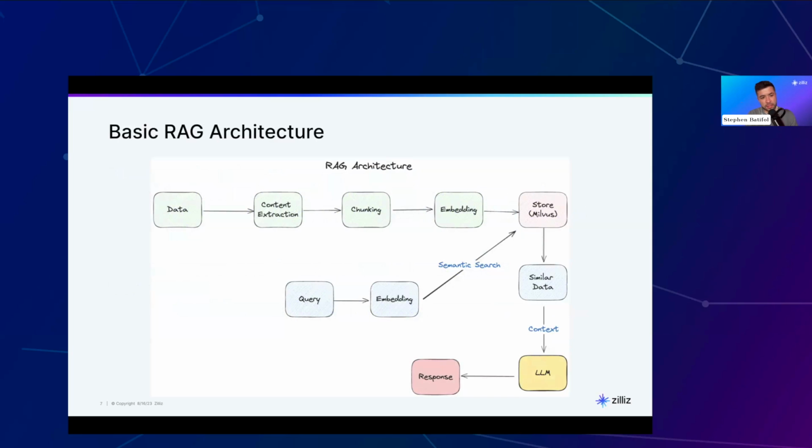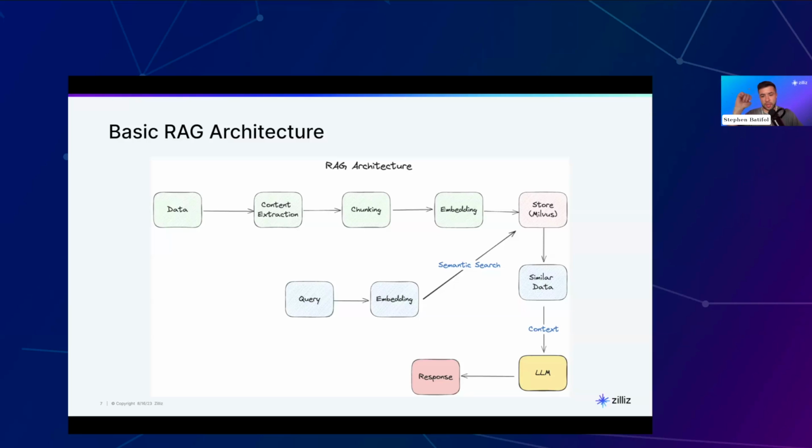This is a basic RAG architecture, I would say. You always have your data. That's how you start. Then you extract the content from your data. If you have some PDFs, you try to extract the content. Same if you have some videos, same if you have different things. Then you chunk your data and put that into an embedding model. I will explain those later on different slides, so no worries if you don't know what they are.